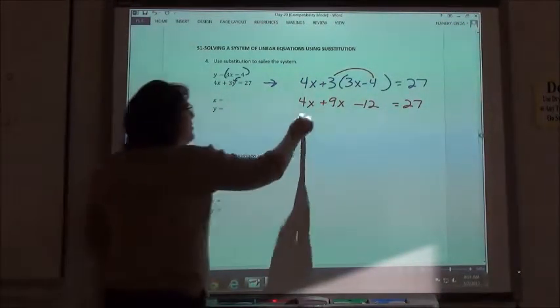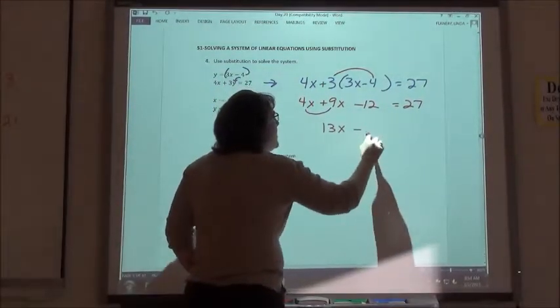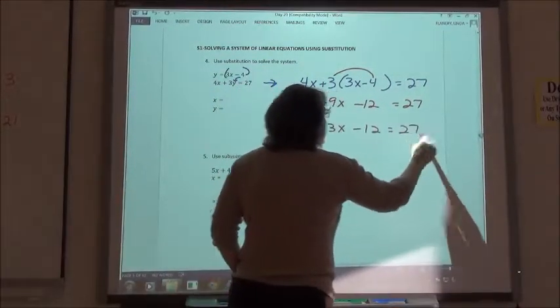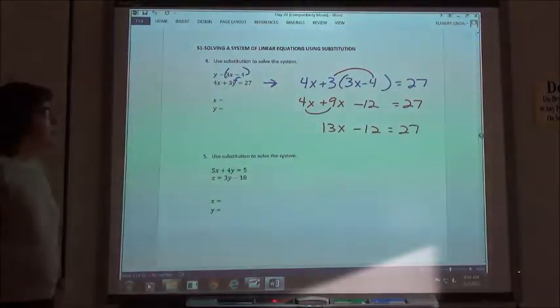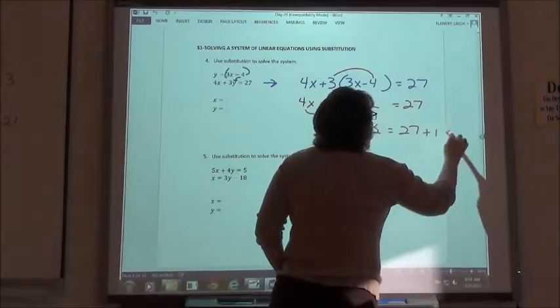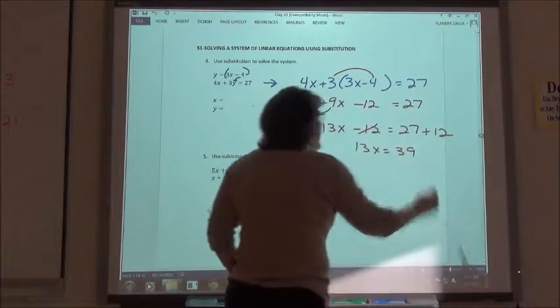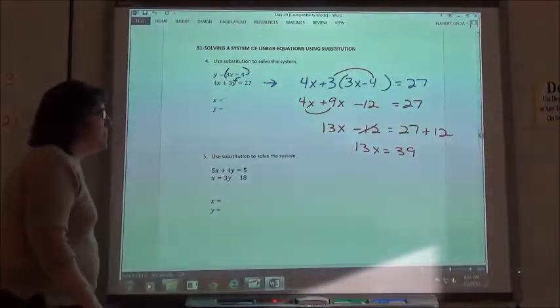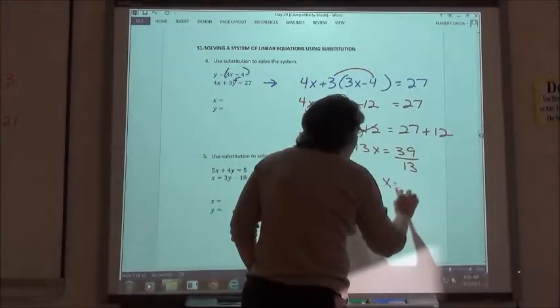Combining my like terms, 4x plus 9x would give me 13x minus 12 equals 27. We then have to move the 12 to the other side, so we're going to add our 12. 13x equals 39. And of course the last step is dividing by our coefficient of 13, so x is equal to 3.